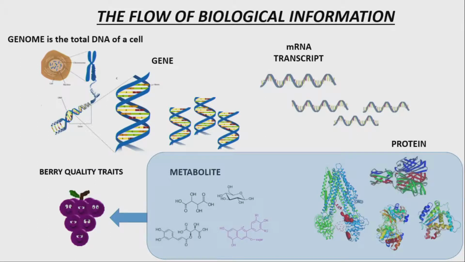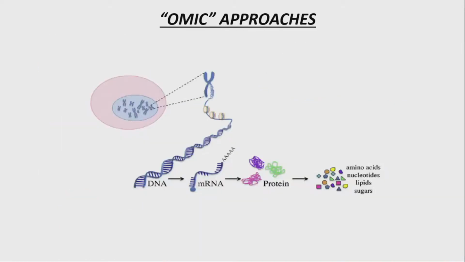The final characteristic, the quality trait of our samples, if we are talking about grapes today, is given by the total amount of metabolites and the activity of proteins. Each step of this important flow can be analyzed by omic approaches that adopt a holistic view of the molecules that make up a cell, tissue or organ.